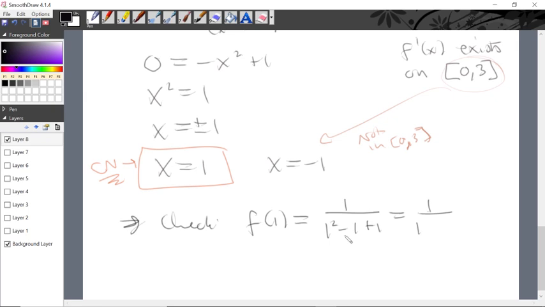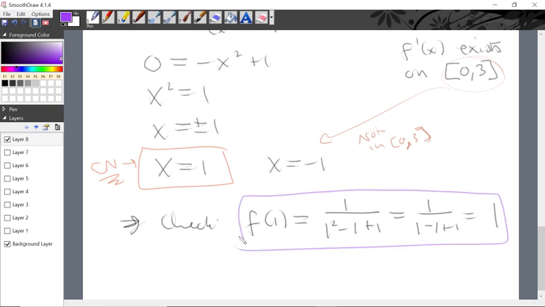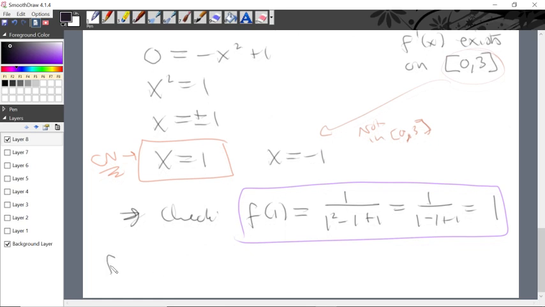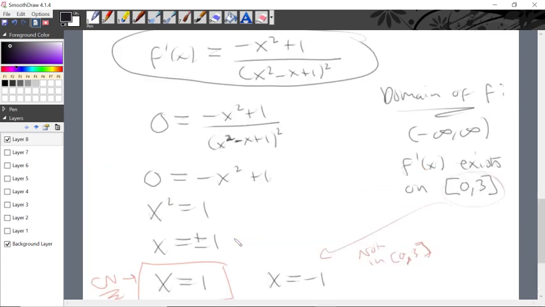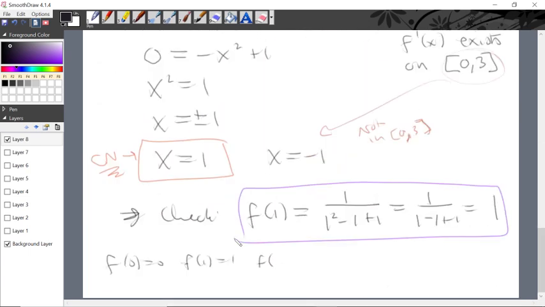That's 1 over 1 minus 1 plus 1, which is just equal to 1. So f of 1 is equal to 1. f of 0 is equal to 0. And the other one, at the endpoint, f of 3 is equal to 3/7.